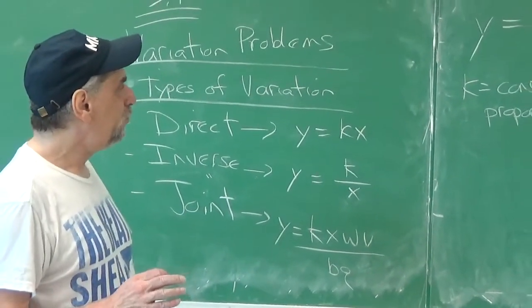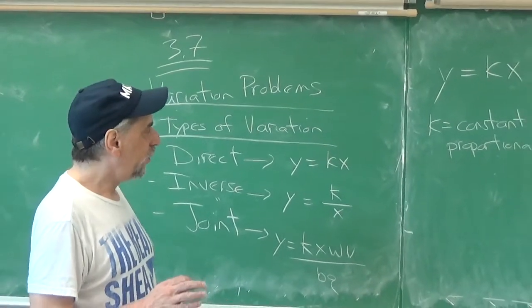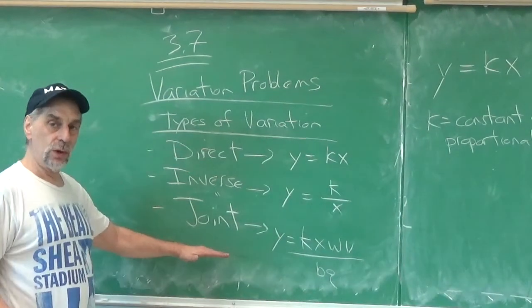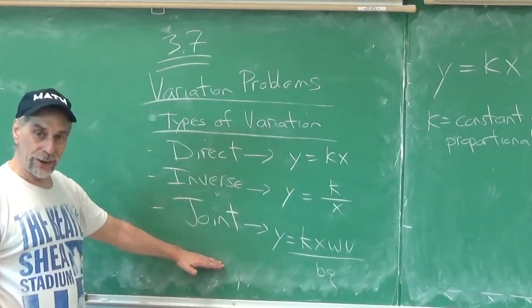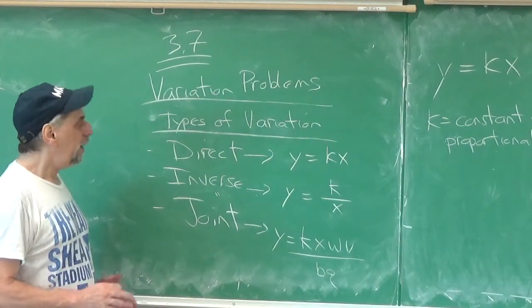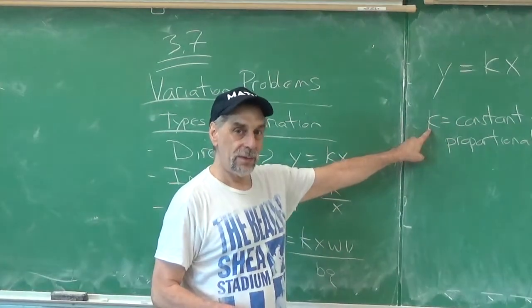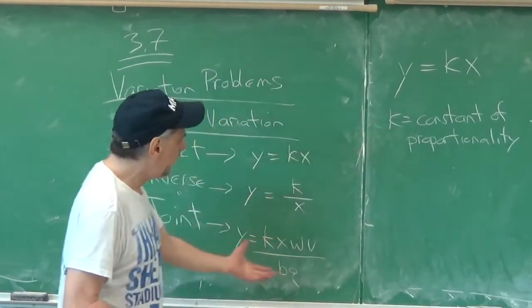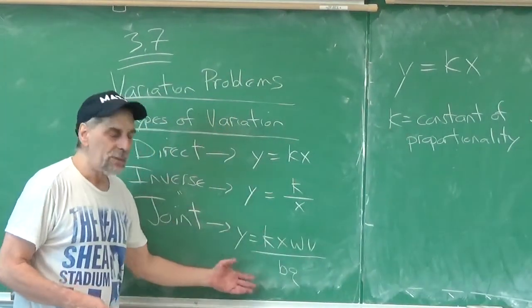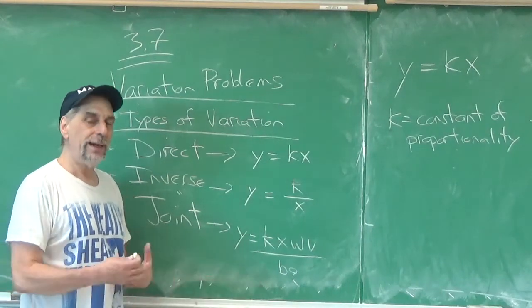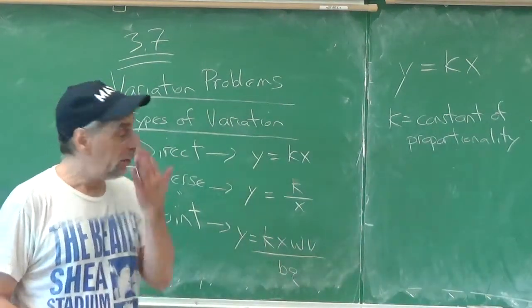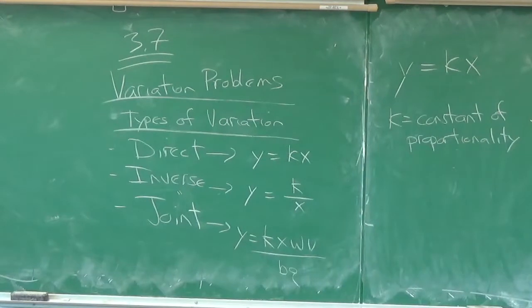First you have to decide which of the cases we're looking at to come up with the correct equation. That's really the key. Then you're given some information that allows you to solve for k. And then you're given all except one of the remaining variables, and you'll be asked to solve for that one remaining variable. So let's look at a few of these of each different type.